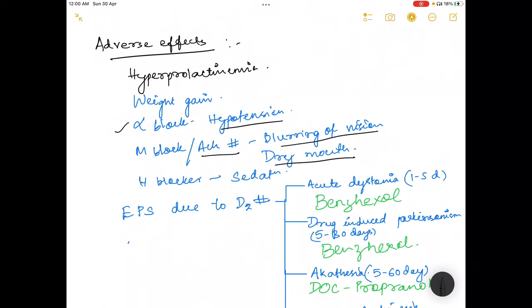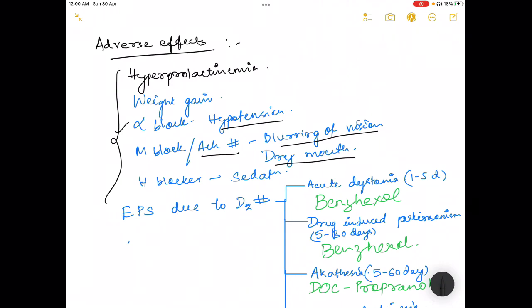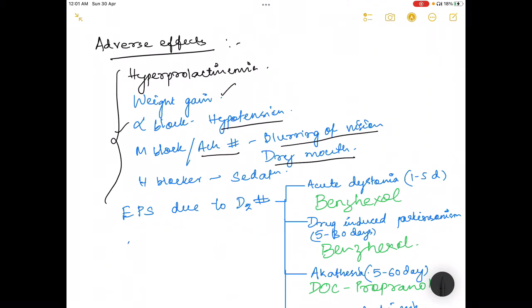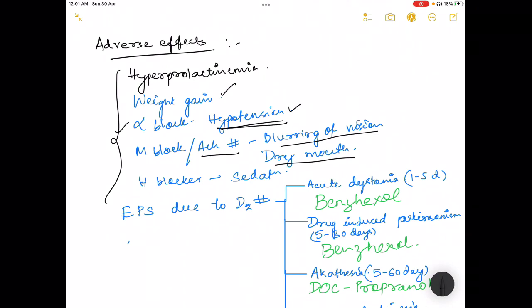These are all side effects of typical antipsychotics. They can be due to D2 blockade, causing hyperprolactinemia, weight gain, alpha blockade leading to hypotension, and histamine blockade leading to sedation.